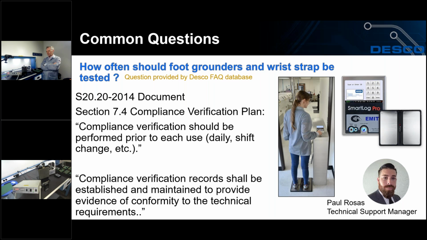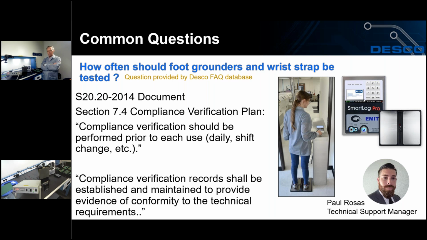Circling back to Jeffrey's previous topic of cleanliness of foot grounders, depending on the environment, they typically will get dirty. So it's best practice to test each and every time the operator leaves and re-enters the area. And also under compliance verification, you'll see that the records of your daily testing need to be recorded.